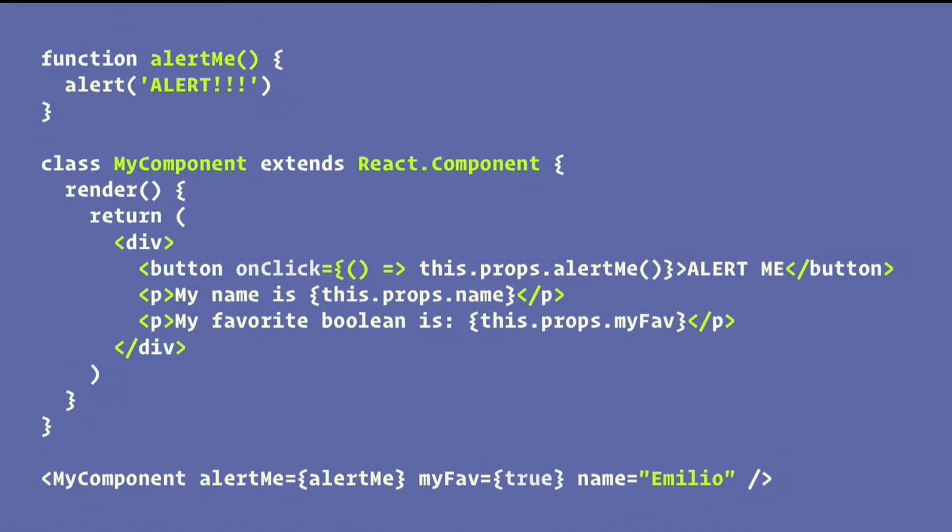And then the name Emilio is being passed through as a prop. So if you look on the line where it has the button, there's an anonymous function with this.props.alertMe. And then the next line has this.props.name. So basically the values that are being passed into the props are then being called in this JavaScript between the curly braces. So really you're saying my name is Emilio, my favorite Boolean is true.